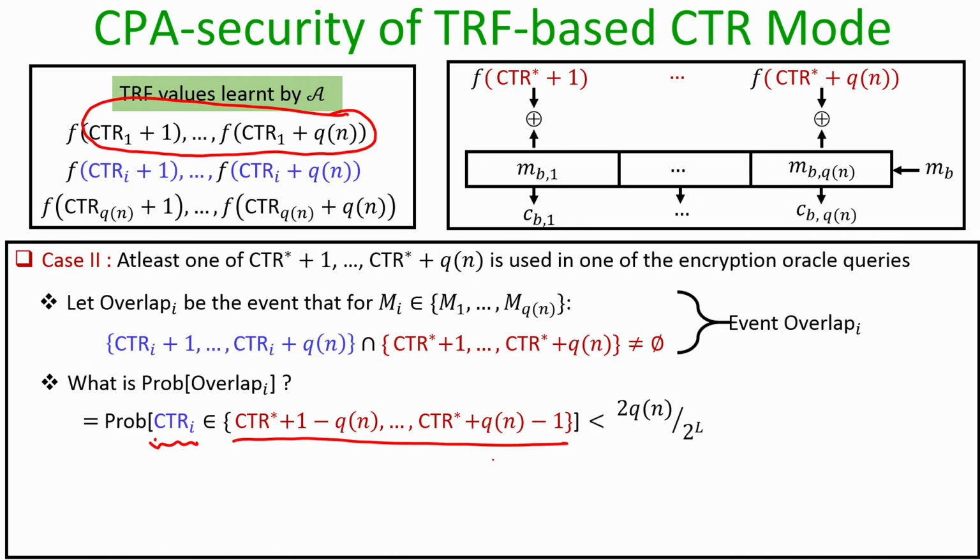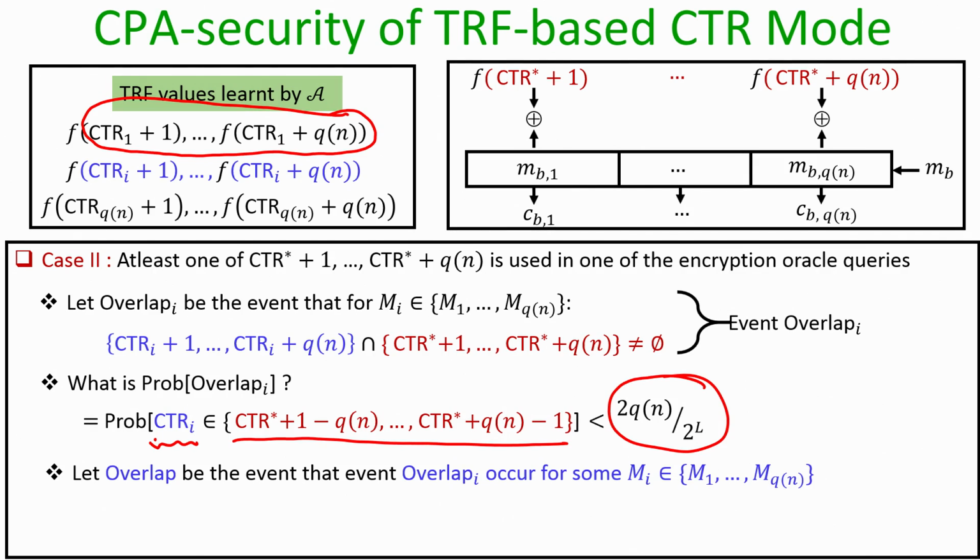I can always upper bound the size of this range by 2 times qn, and since each of the counter values used in the modified counter mode of operation is selected uniformly at random from the set of big L bit strings, I can say that the probability of event overlap I is always upper bounded by this quantity. So, that is the way event overlap I could occur.